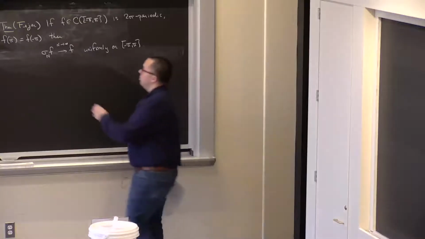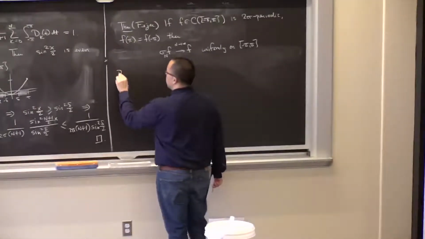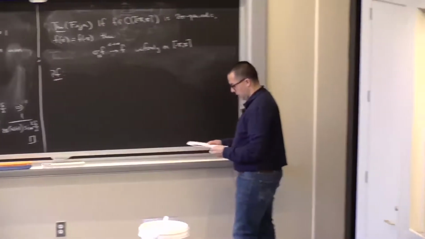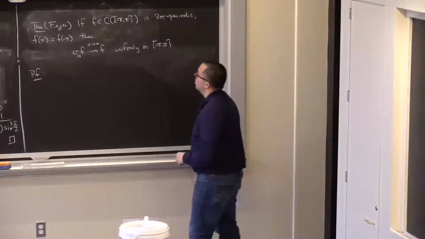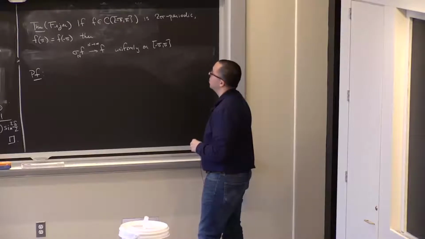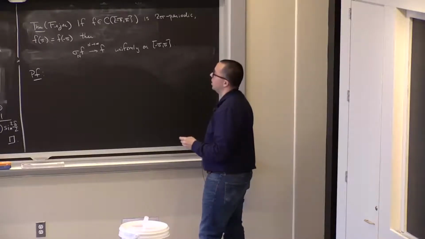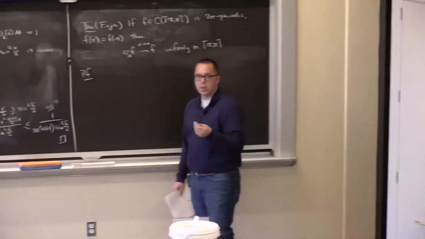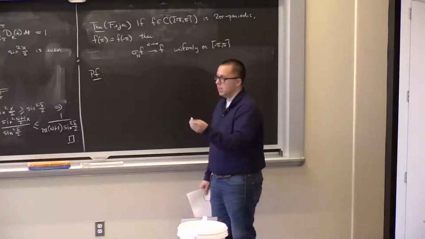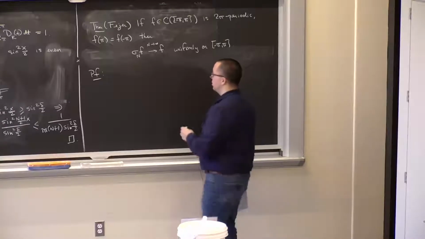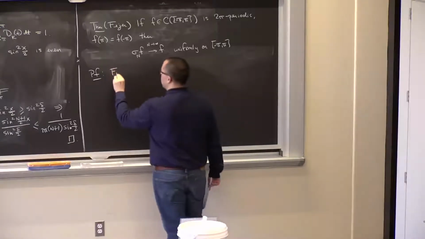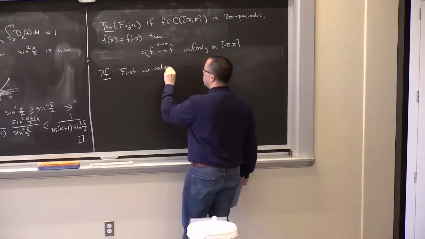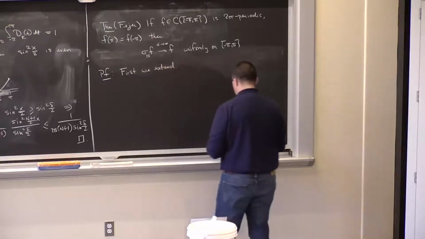Okay, so let's prove this. The first thing I want to do: f is a continuous function on minus pi to pi that's 2 pi periodic, so I can extend f to all of R by periodicity.